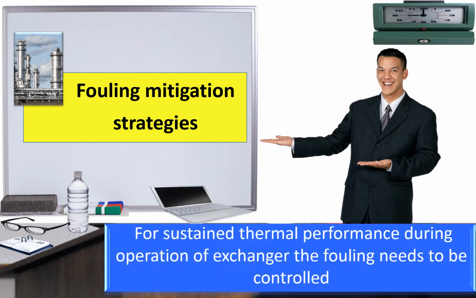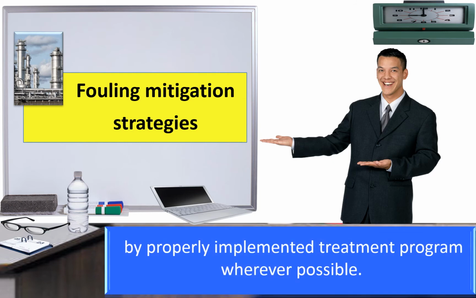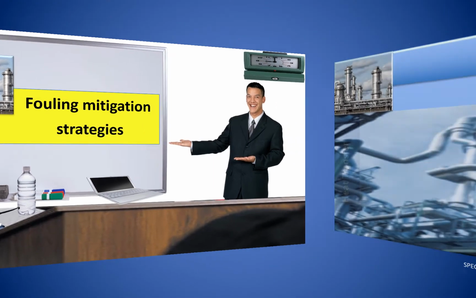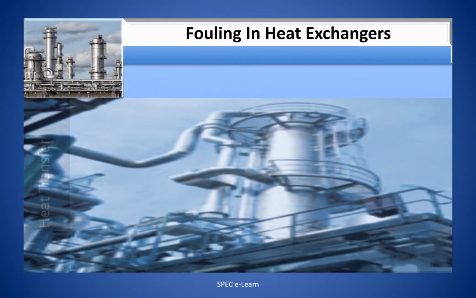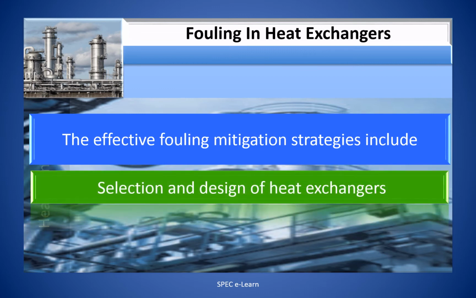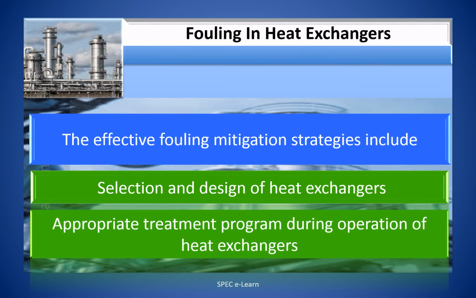For sustained thermal performance during operation of the exchangers, fouling needs to be controlled by a properly implemented treatment program wherever possible. The effective fouling mitigation strategies include selection and design of heat exchangers, and an appropriate treatment program during operation of the heat exchangers.